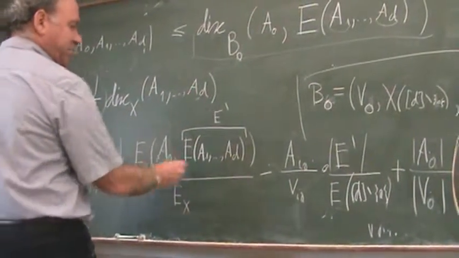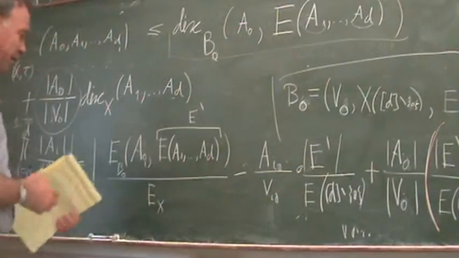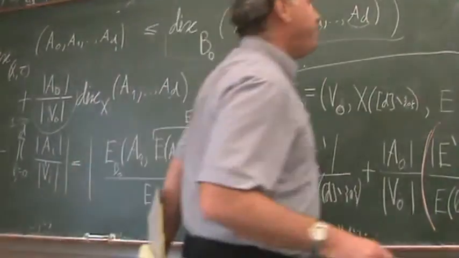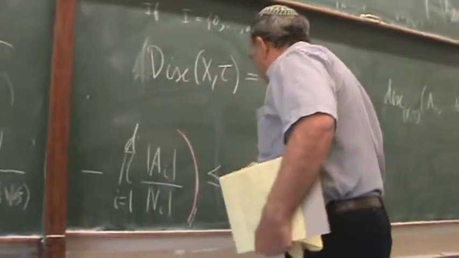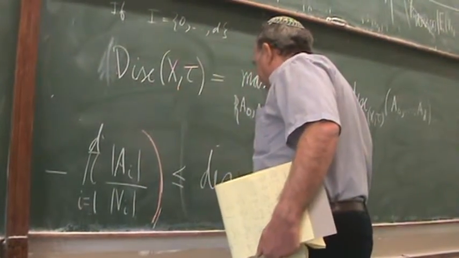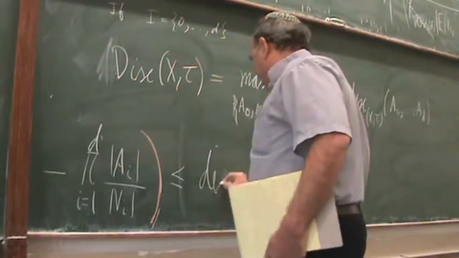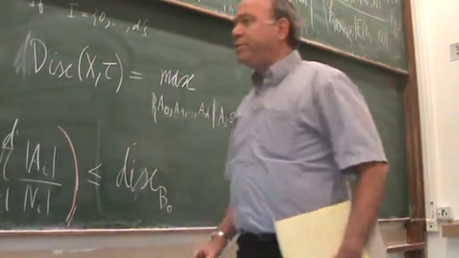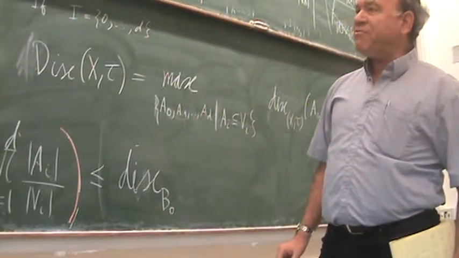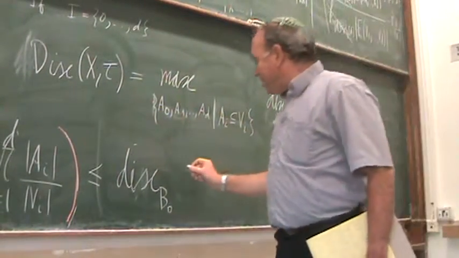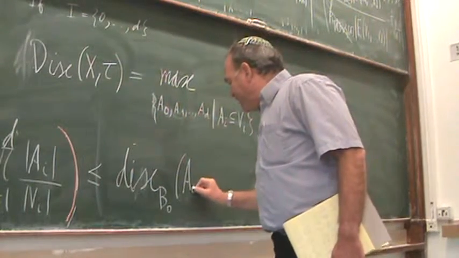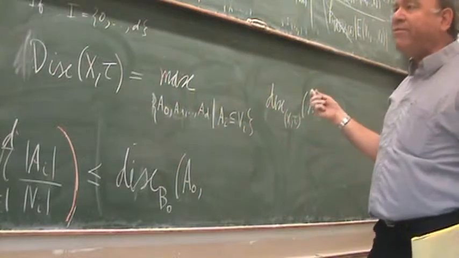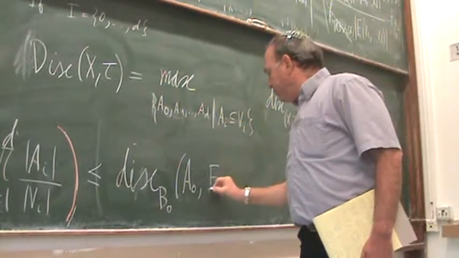And now I can use the triangle inequality, I can write this minus this. But now let's think. What I'm claiming is that what is written here is exactly the discrepancy in the graph B0, such that on one side I have E of A0, and on the other side I have something.